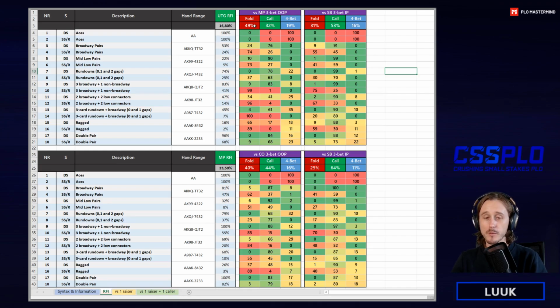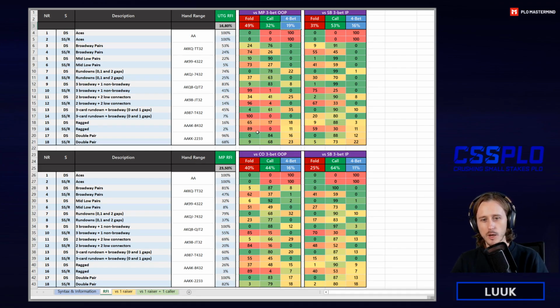So if we get 3-bet by MP, we can see that we should fold 49% of the time, we're calling 32, and we're 4-betting 19. Now below these frequencies, you can see the action and response for each category when getting 3-bet. So for example, aces here, the first column, double suited aces, we're folding 0% of the time, we're calling 0% of the time, and we're 4-betting 100% of the time with double suited aces.